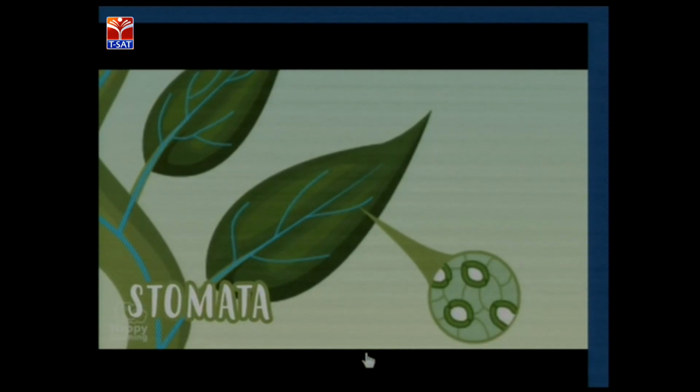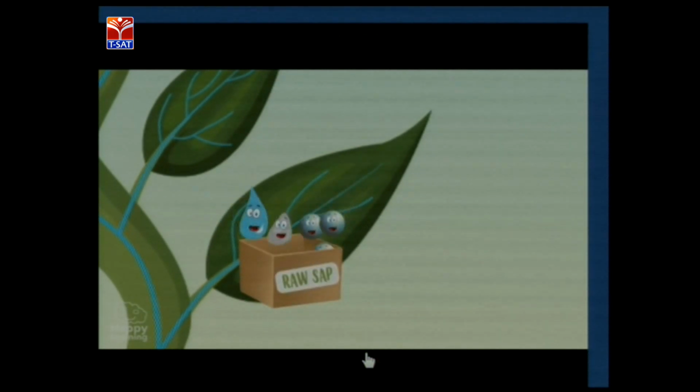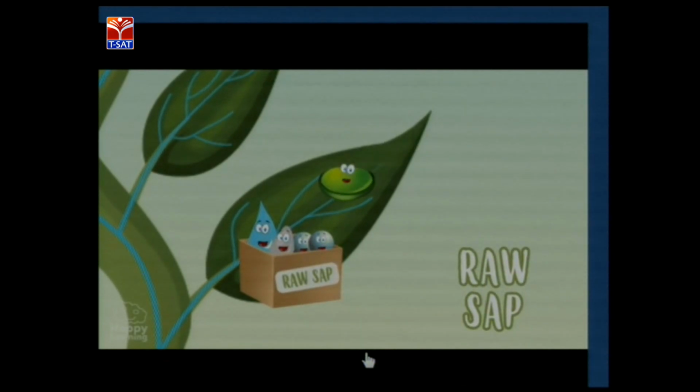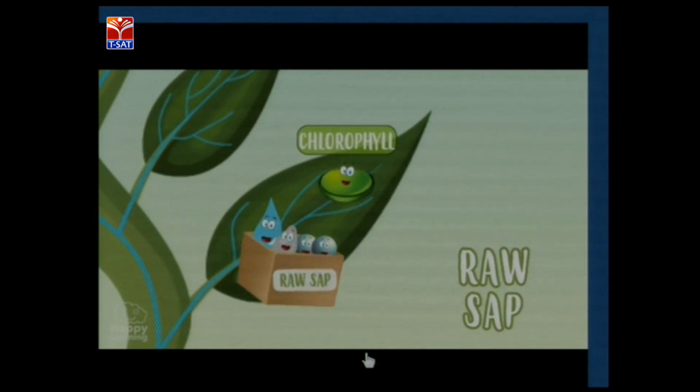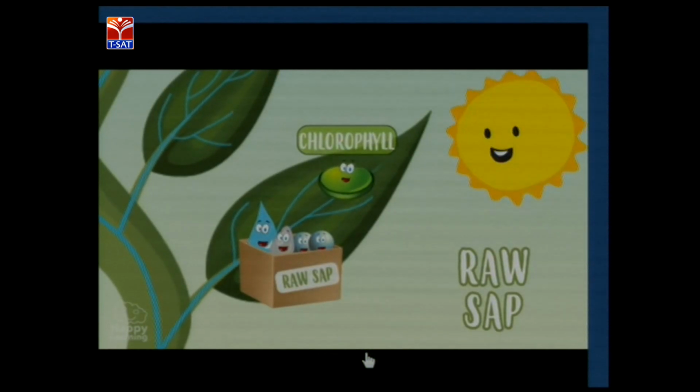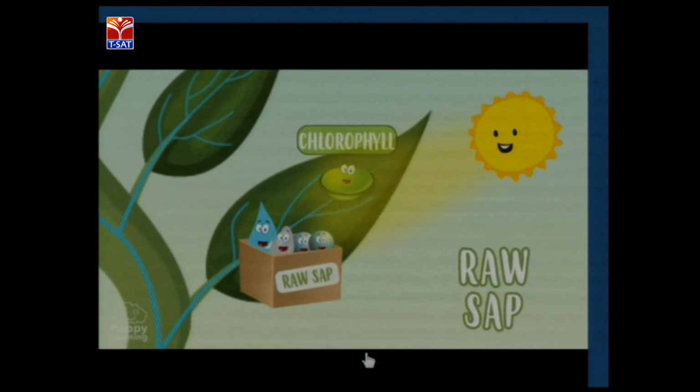The leaves are full of tiny pores called stomata, which absorb carbon dioxide that the air in their surrounding contains. All this containing water, minerals, and carbon dioxide is called raw sap. Now it's chlorophyll's turn. The chlorophyll in the leaves has all the necessary ingredients for photosynthesis to take place. And when it receives sunlight, the process begins.